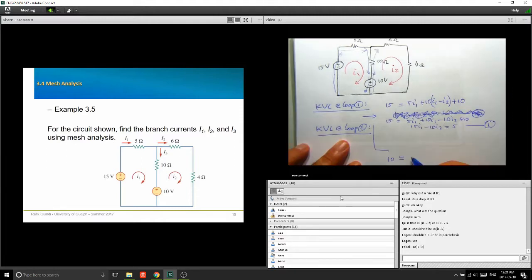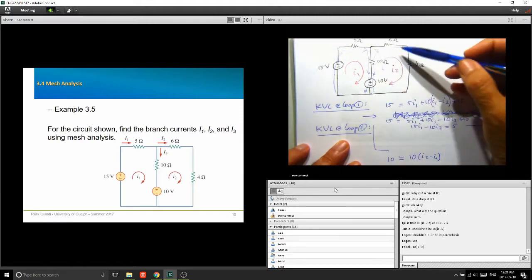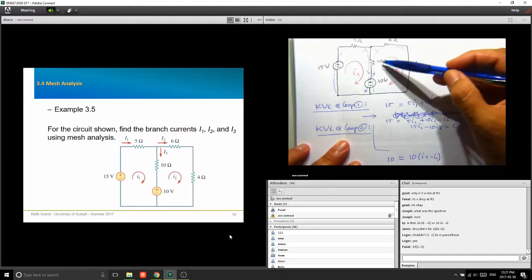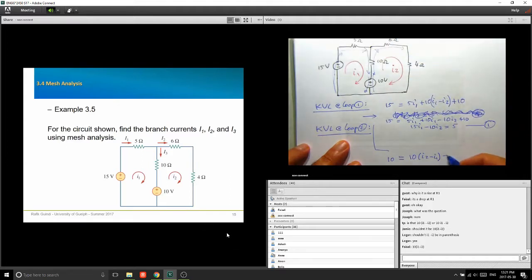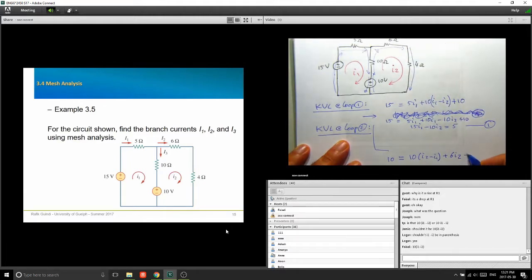Exactly. Yeah. You have to have brackets, right? And then from here to here, I have a drop given by small I2. So I have 6 I2. And then finally, from here to here, I have 4 I2. Another drop.